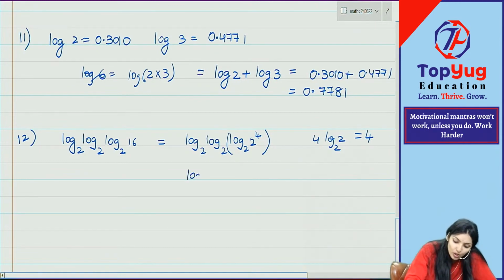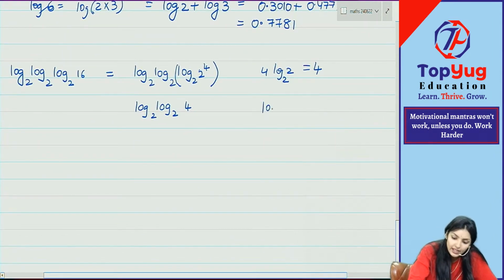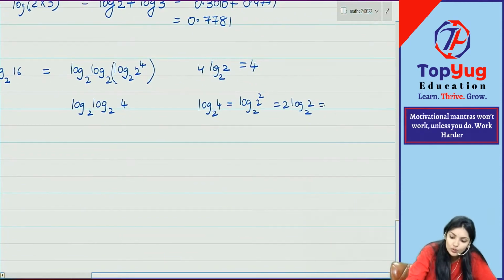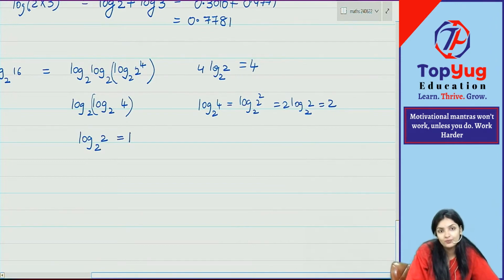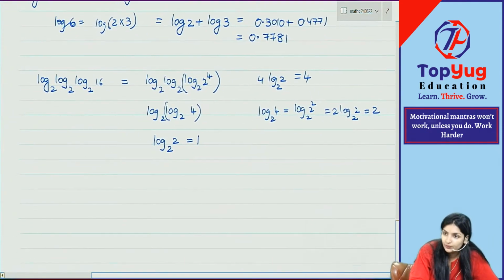So therefore log 4 to the base 2, 2. Again, can I write log 4 2 as log 2 square 2? Right? So 2 log 2 to the base 2 is equal to 2. So this part which I have already done, can I write it as log 2 to the base 2? So what is the answer? 1.